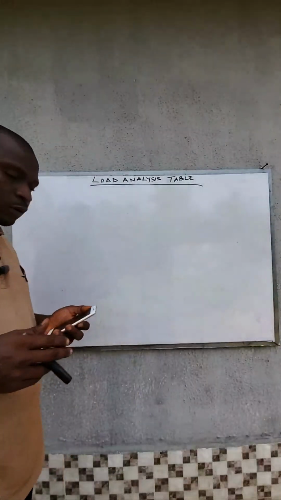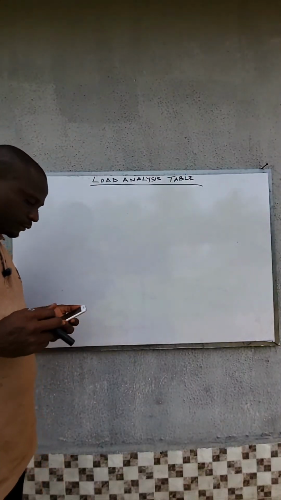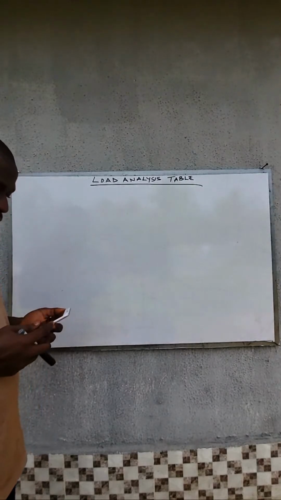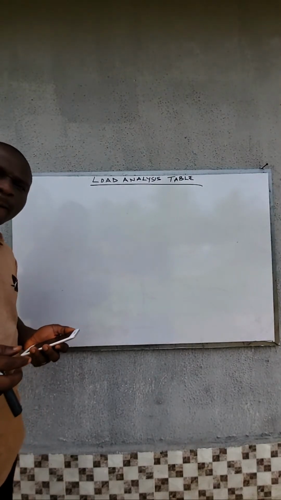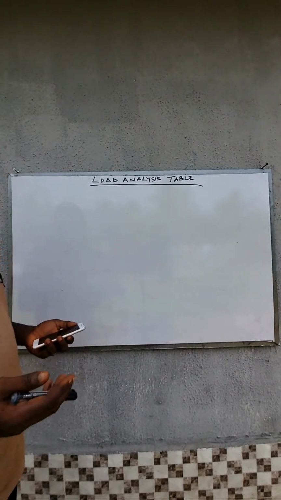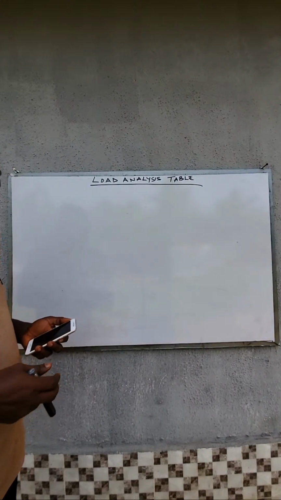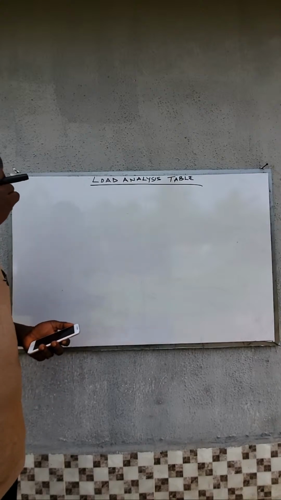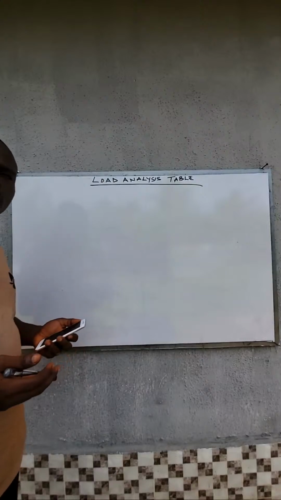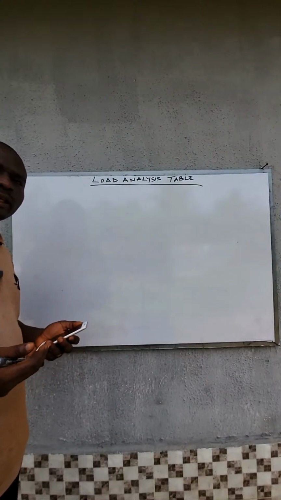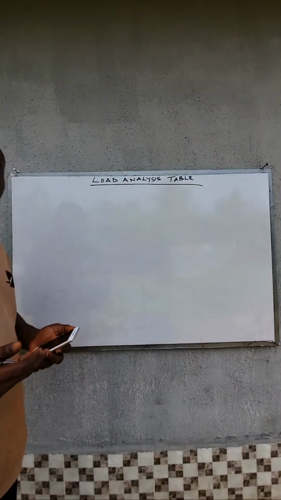Now we have what is called a load analysis table. The load analysis table will aid you in properly sizing a solar power system, because if you have a client or some loads that you want to power with your solar system, you need to take each of the individual power ratings of those loads.